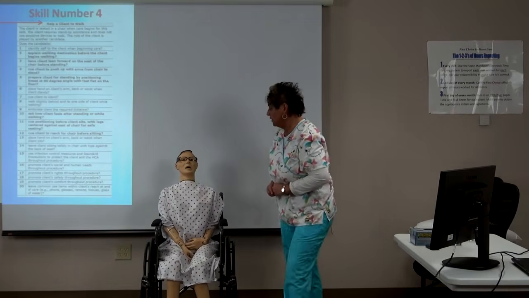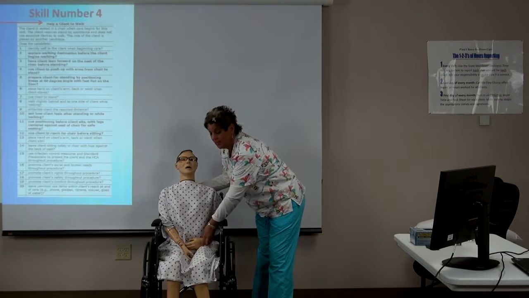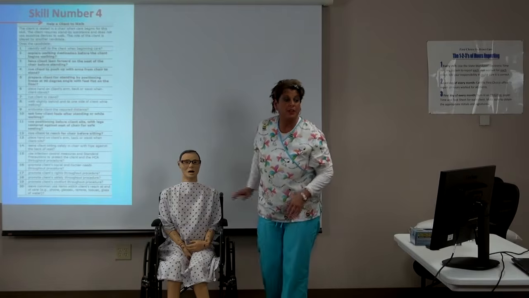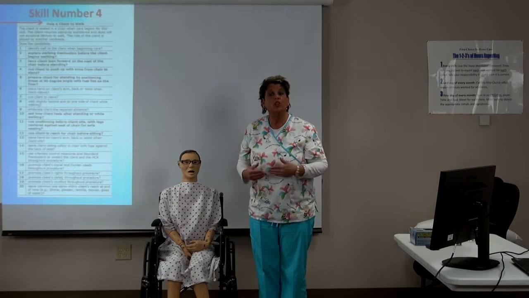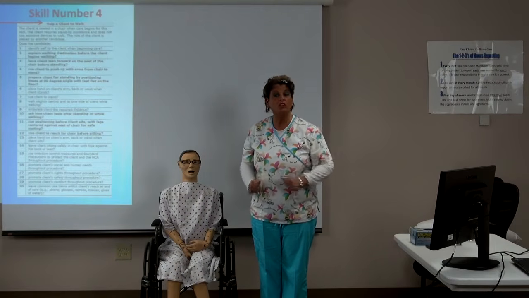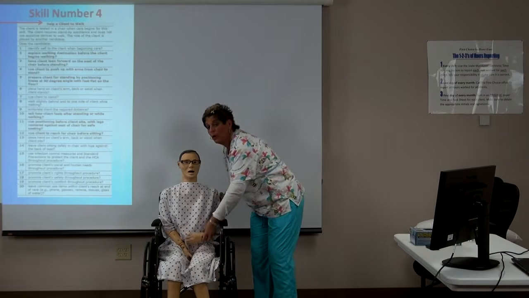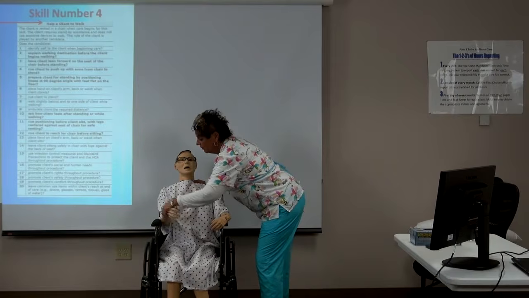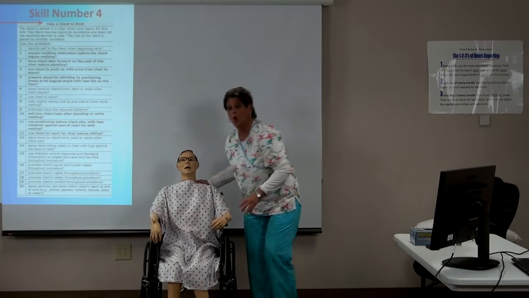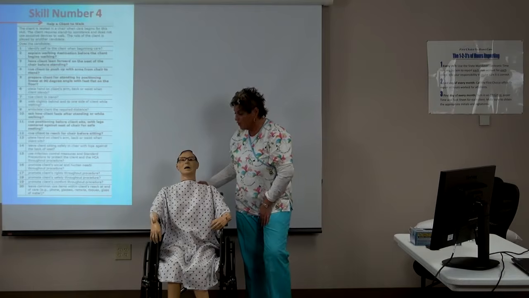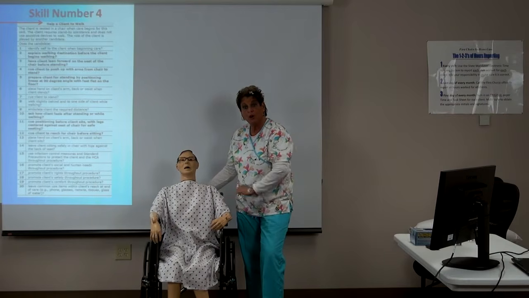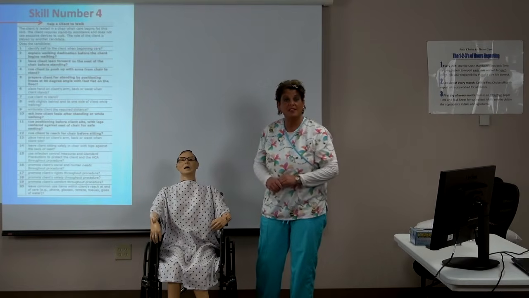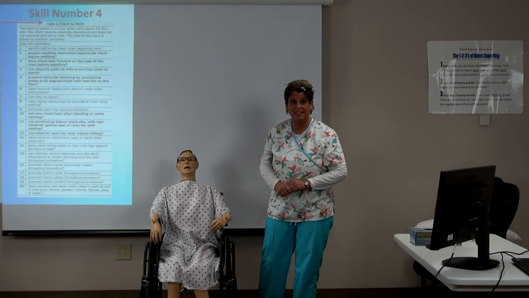The next thing you're going to do, after you've asked the client to please sit forward in his chair, then you're going to prepare and cue your client to push up on the arms of the chair with their arms. Because remember, they are mobile. They just need assistance with walking. So Mr. Client, can you push yourself up with your arms, and I will help you to stand. You're not lifting this client, you're assisting this client.